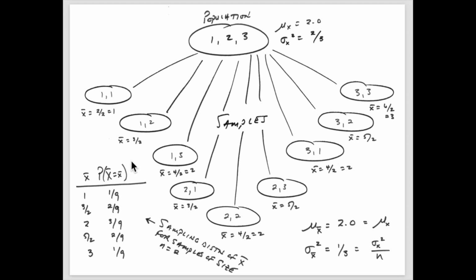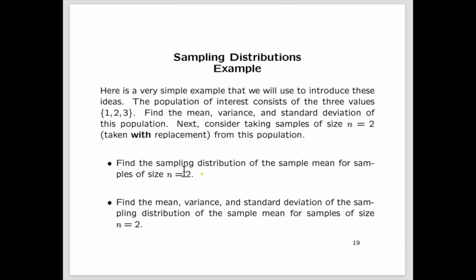In other words, it's a tabular representation for the sampling distribution of x bar for samples of size little n equal to 2 taken with replacement from this population. And so we've done that right here. This first bullet point, we've accomplished that.